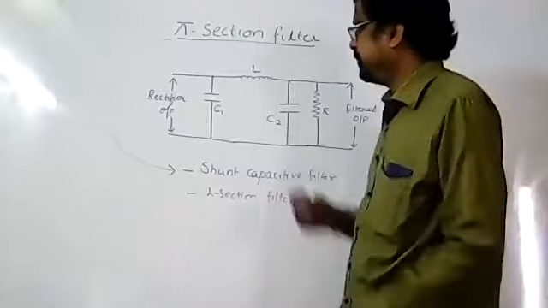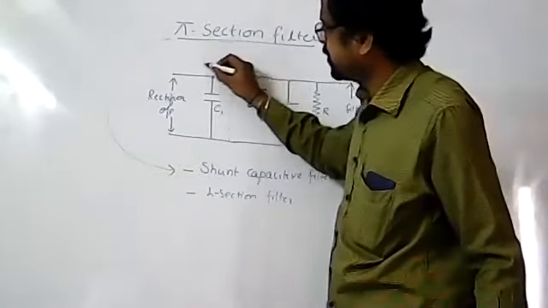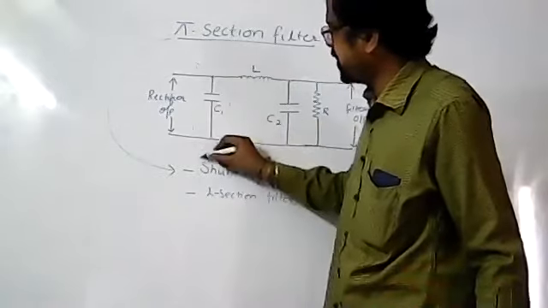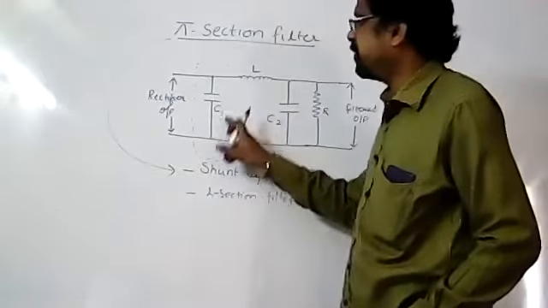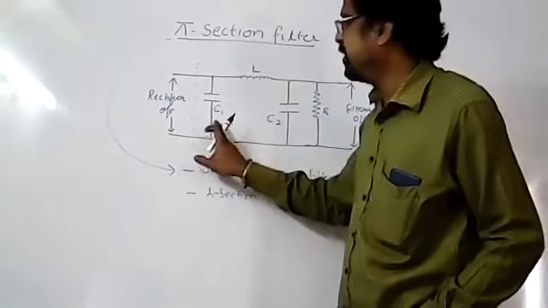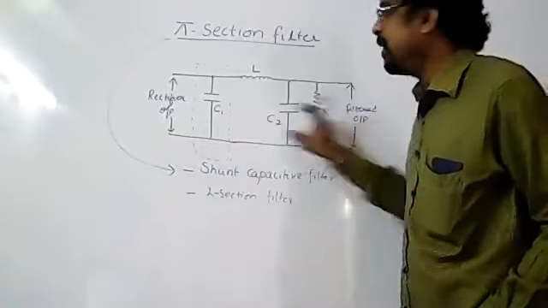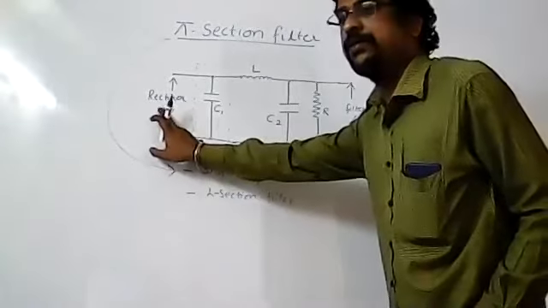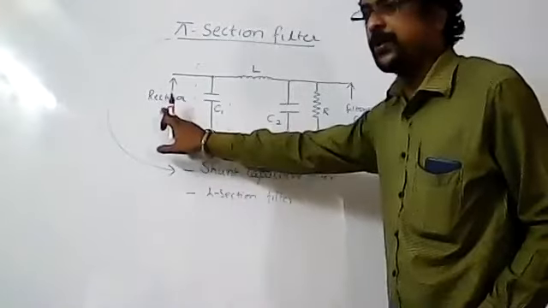You can see in the diagram, this part represents a shunt capacitive filter, because capacitor C1 is connected in parallel to the load R as well as the rectifier output.